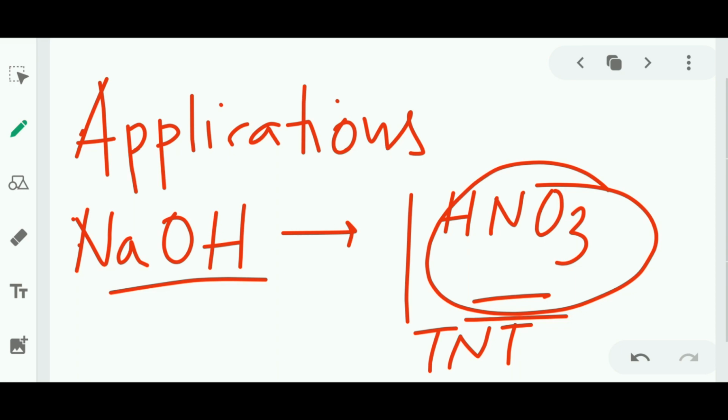Okay, so next, industrial applications of H2SO4. What is H2SO4? H2SO4 is sulfuric acid. Sulfuric acid is also known as the king of chemicals, remember it.